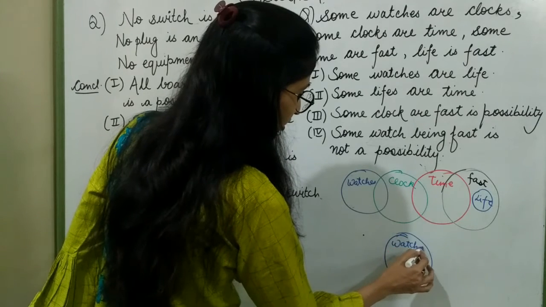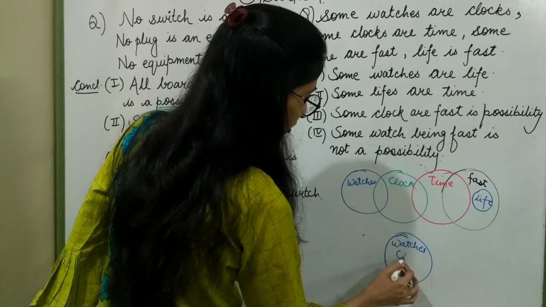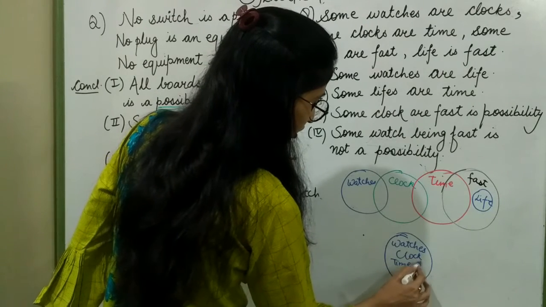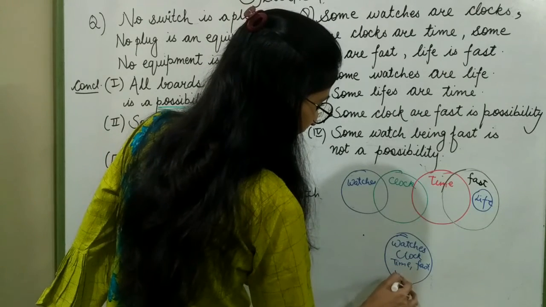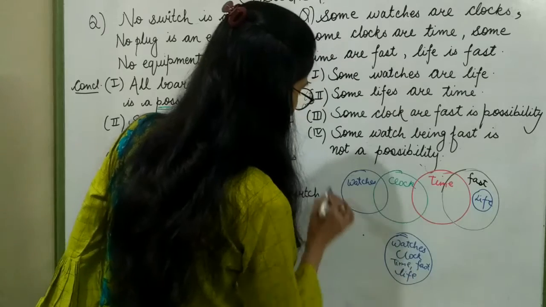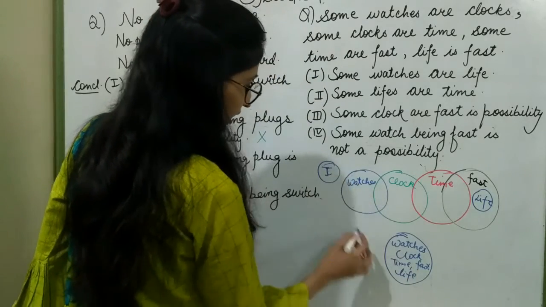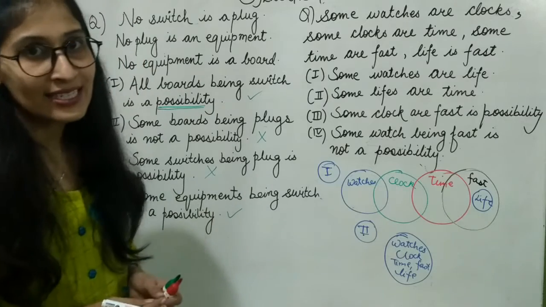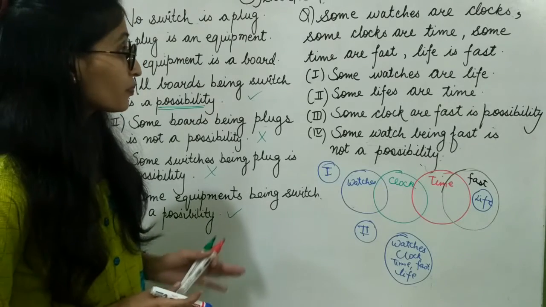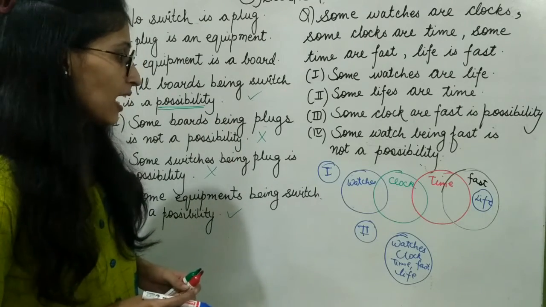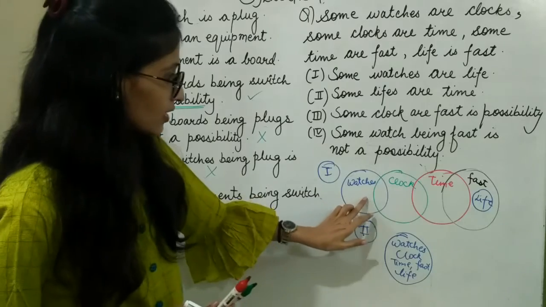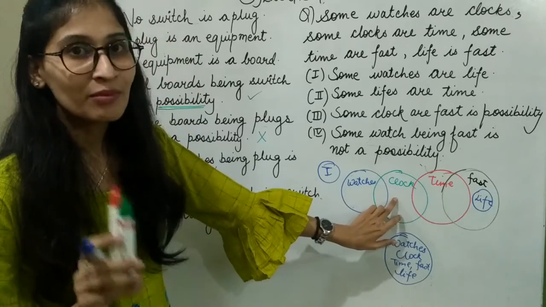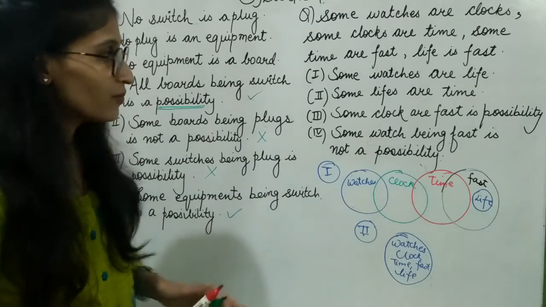Now there is a second possible Venn diagram also where all these overlap. Watches, clock, time, fast and life overlap. So this is my first Venn diagram and this is my second Venn diagram. Now let's start with the conclusions. Some watches are life. Some watches are life is not satisfying my first Venn diagram.